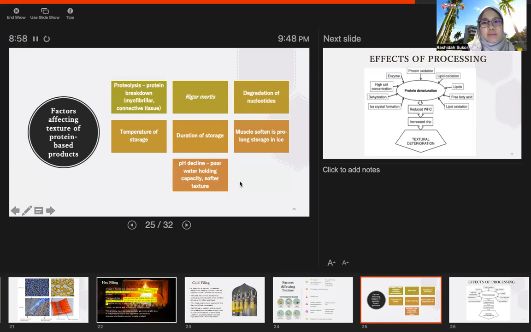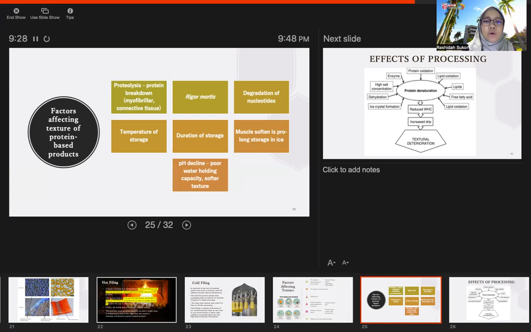All right, pH decline for water holding capacity, because once you change the pH, you will affect the pKa. pKa is a value where you have different pH, because amino acid will cationize or anionize. Okay, you have to know this in your protein class or protein chemistry class.